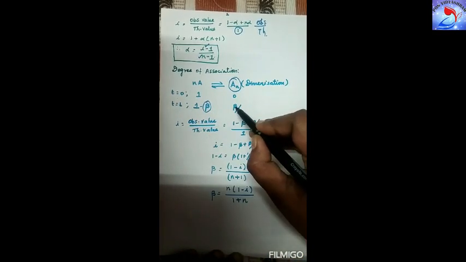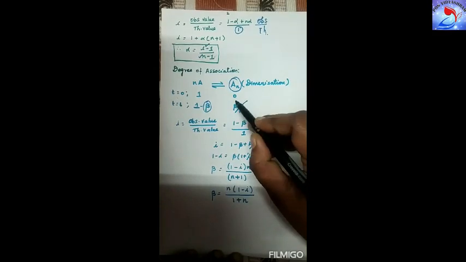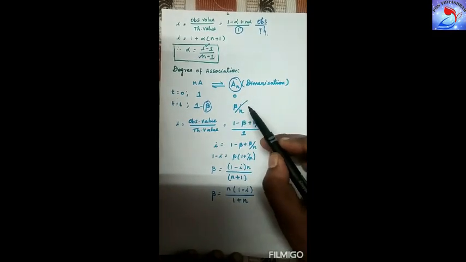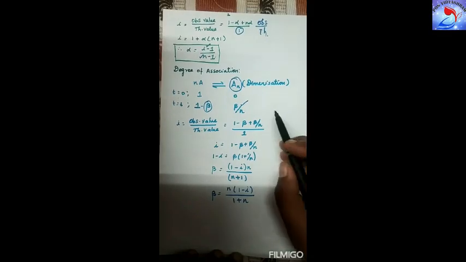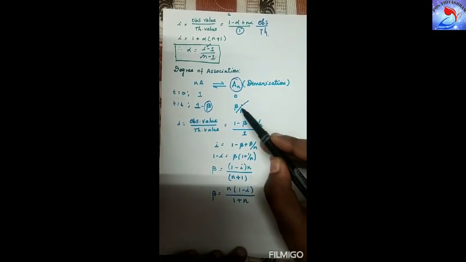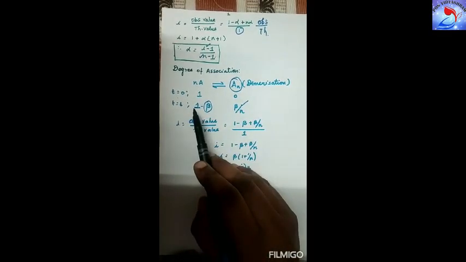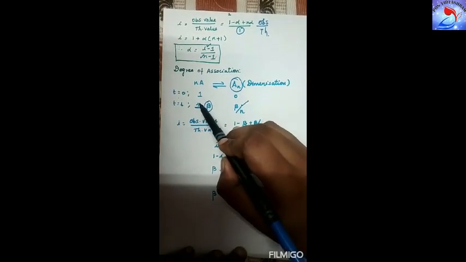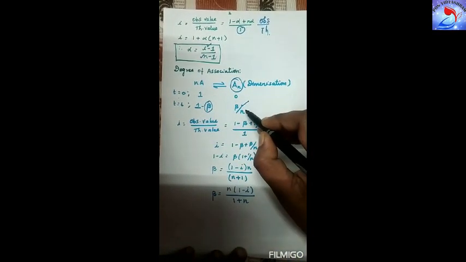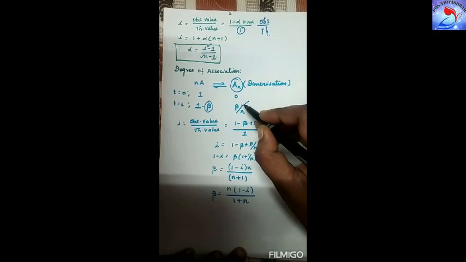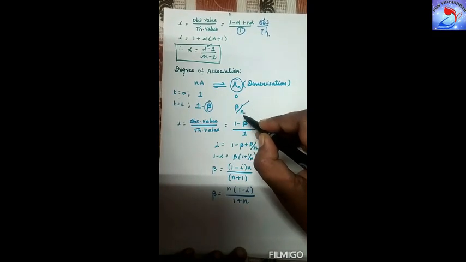So here it should be beta divided by n, because molecules are undergoing dimerization or association. If two molecules are on the reactant side, it becomes half of it, it becomes 1. So it has to be written as beta divided by n.